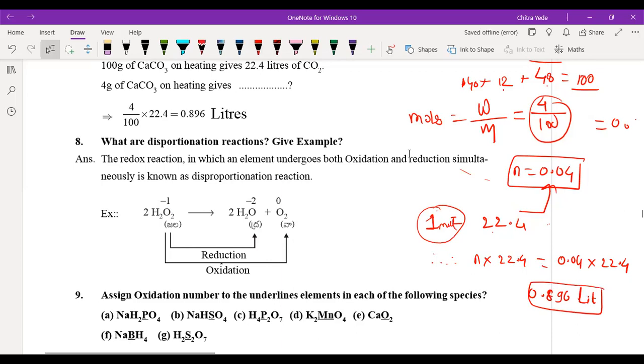So here again we have calculated 0.896, and our answer is also 0.896. This is the way you can calculate the volume of any gas at standard temperature and pressure.